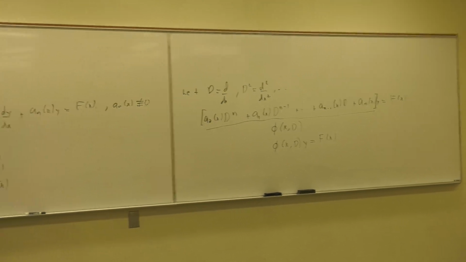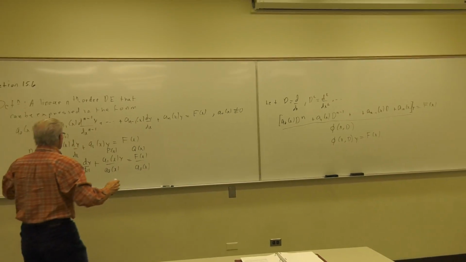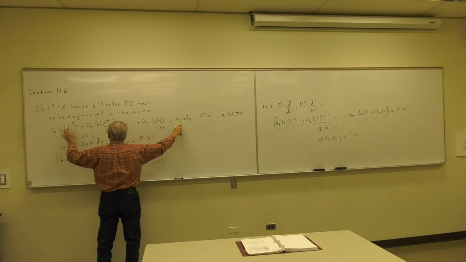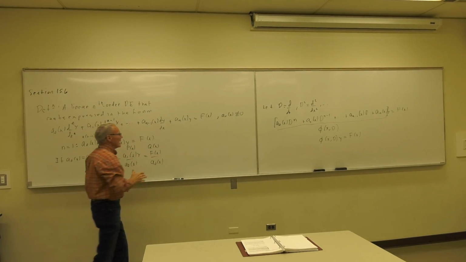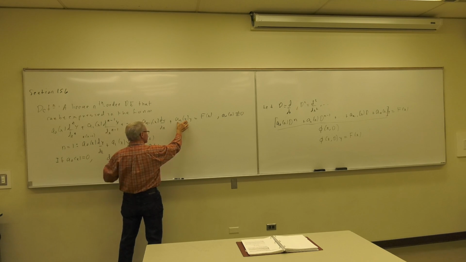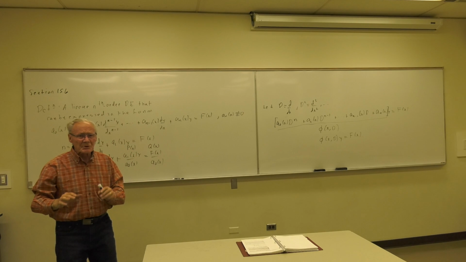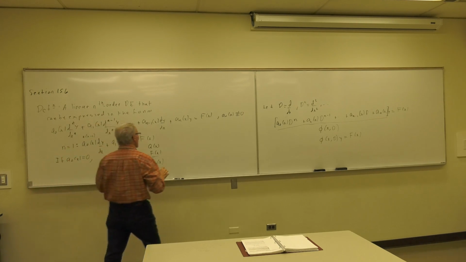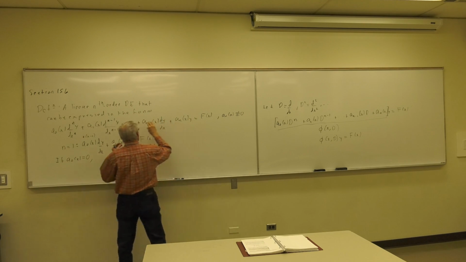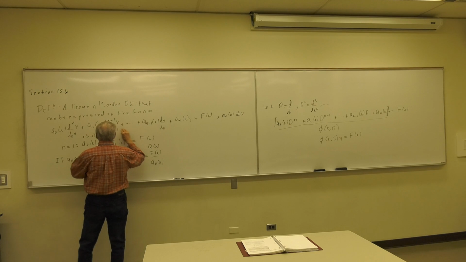Let me return to this and make some comments. This is a very special form on the left-hand side as far as the y's are concerned. You can have any x's in here you want. You can have exponentials, you can have trig functions, you can have logs, I don't care. But the y's are special. All you got is a function of x multiplying a y, plus a function of x multiplying a derivative, a function of x multiplying a derivative, dot, dot, dot.